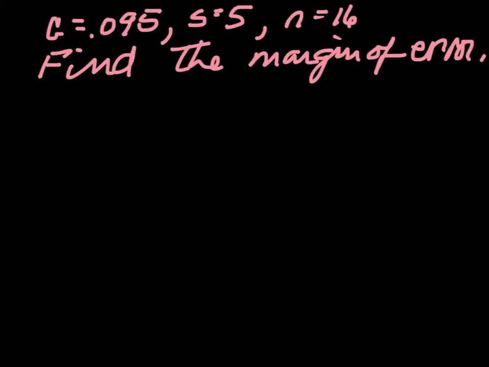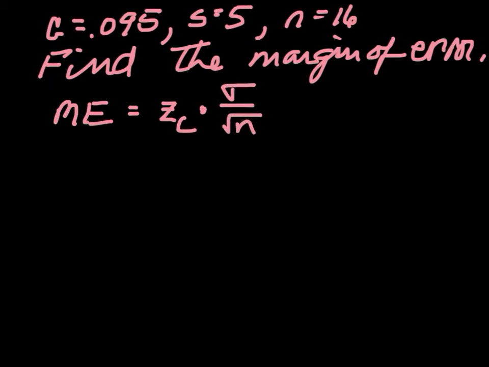So the second type of problem we're going to do is finding the margin of error. So how do we find the margin of error? Well, it's going to be very similar to what we did in the last section. In the last section, the margin of error was equal to the critical value of z times the standard deviation divided by the square root of n.